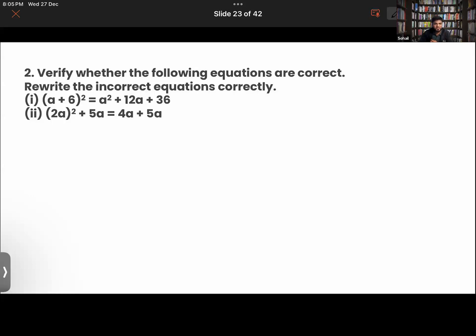Whoever solves the question first, just tell the answer. If it is wrong, then you have to rewrite it. Just tell me, no need to write it in the chat box, that will take too much time. We also have to rewrite the correct form.